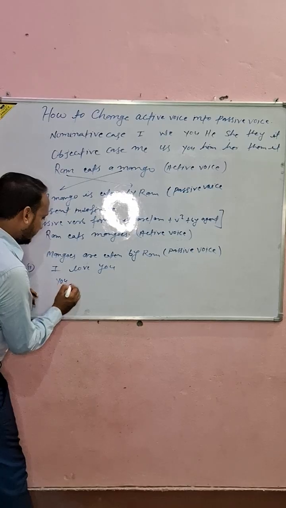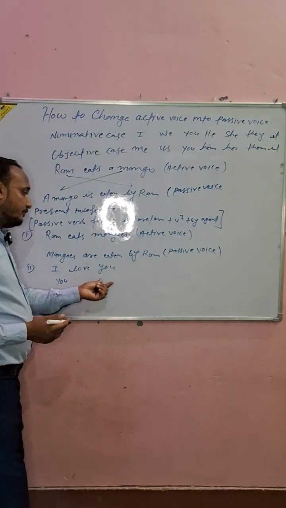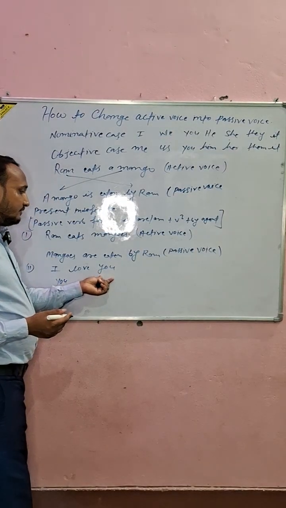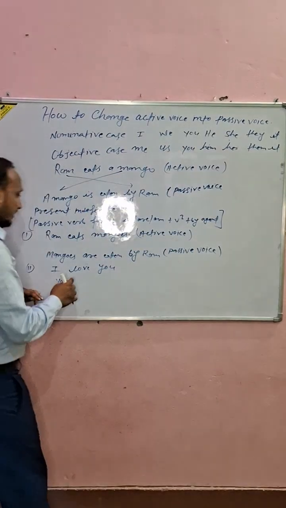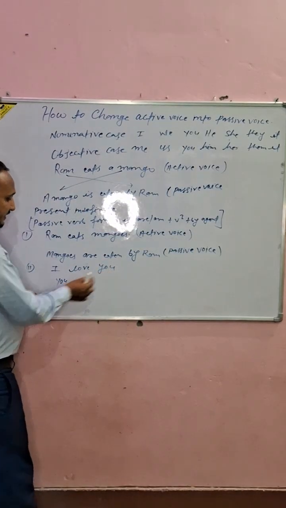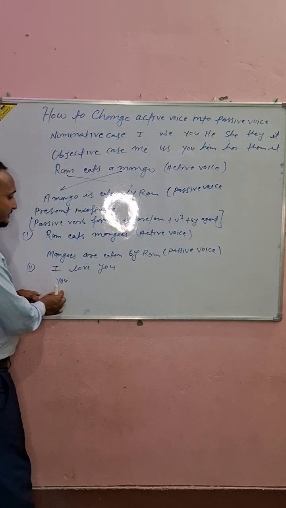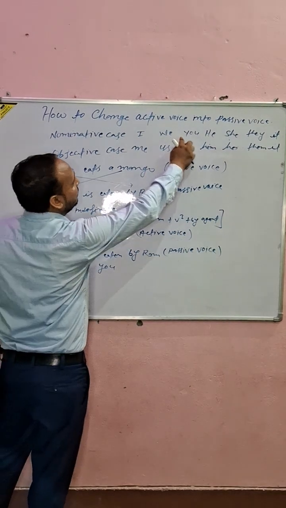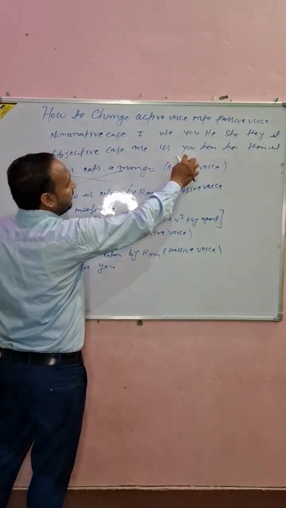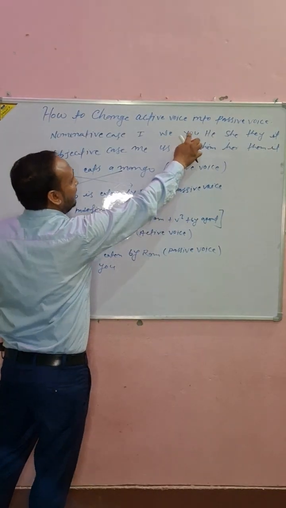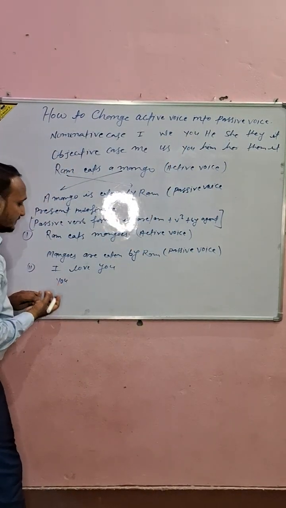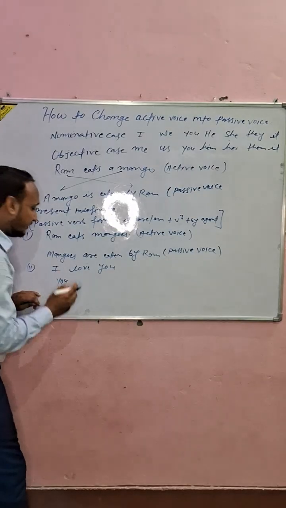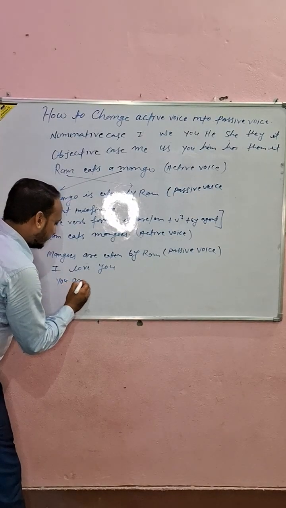Here you is the object. Just before, I told you that in the object case, the object will be changed into the subject of a passive form. So here you is the object, and according to the subject, you is a kind of plural subject. So here we can use are.